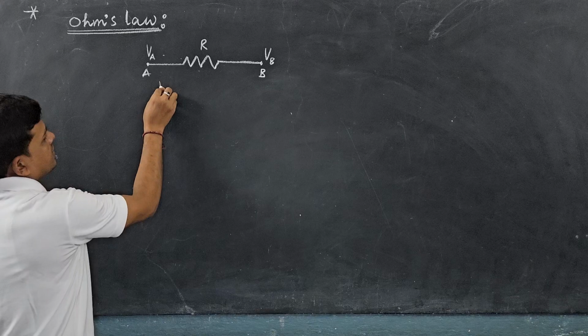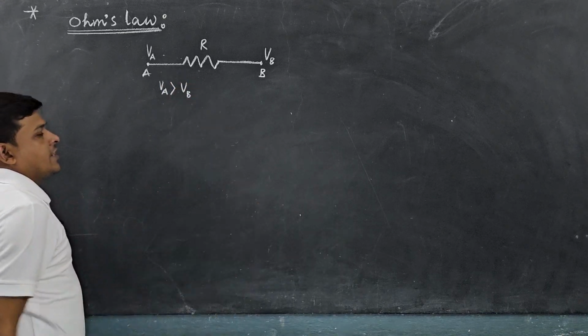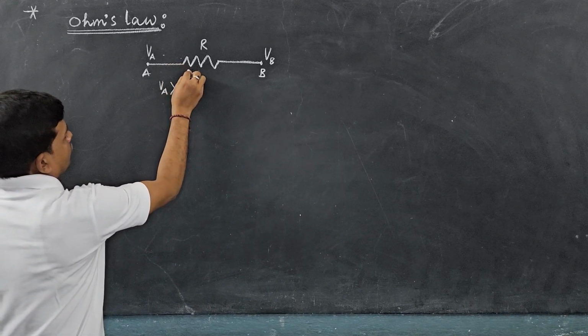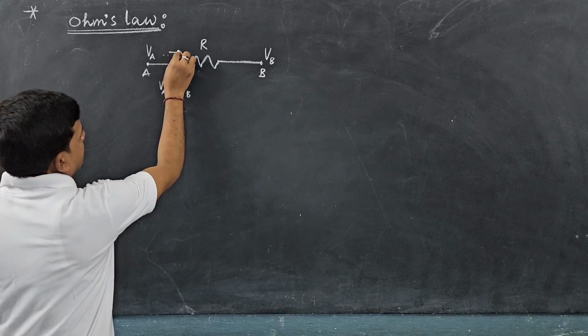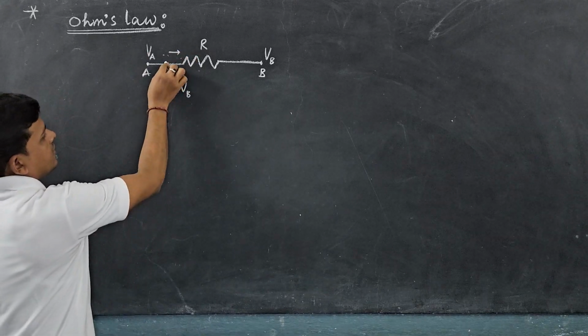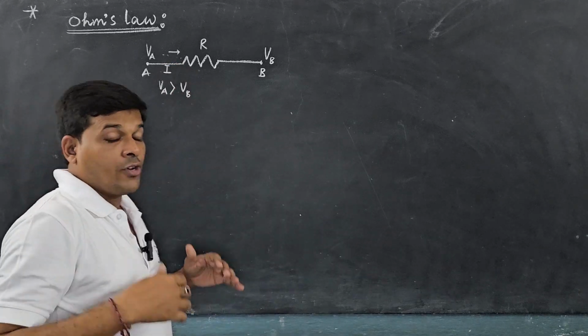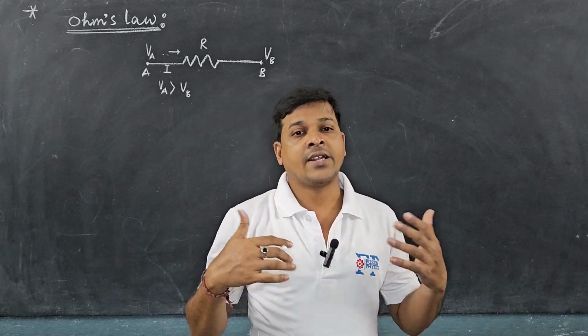If we consider that VA is greater than VB, then electric current flows through the conductor from A to B. Here we give the direction of the electric current from A to B, where I is the electric current. And when the potential difference increases, we see that the electric current increases.